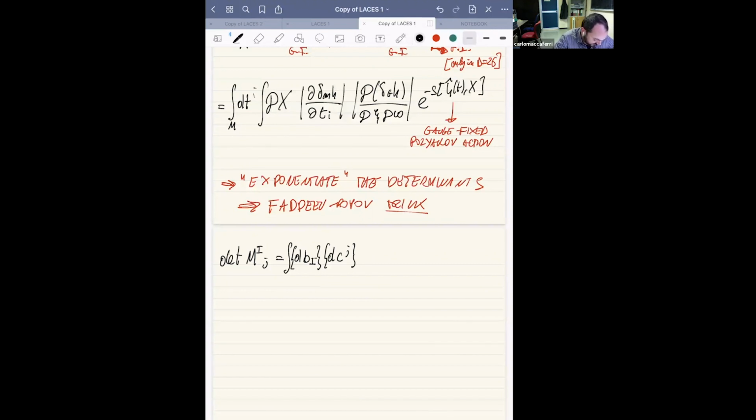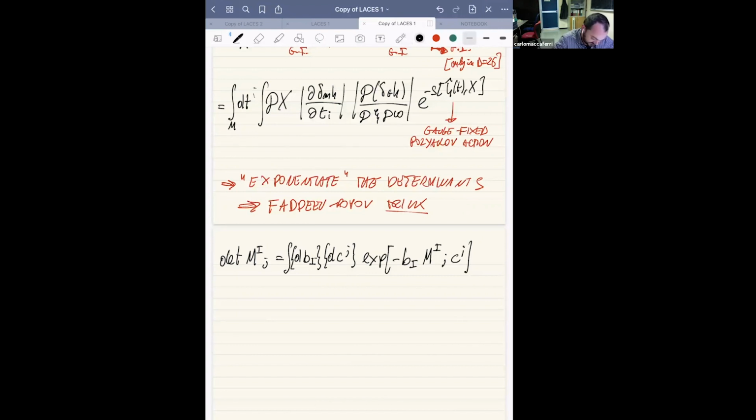Then the interesting thing is that I have to put this exp, I don't remember if there is a minus here, but let's put a minus, of B_I M^I_j C^j. I leave to you as an exercise to prove this thing. You may take a 2 by 2 matrix and try to write this determinant as this integral.